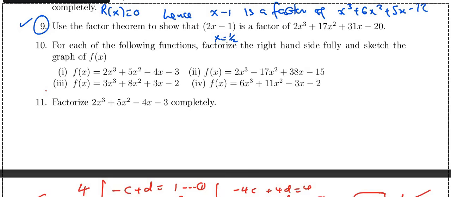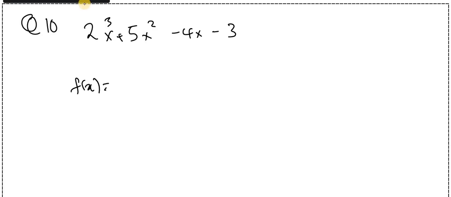I'll solve the first one, which is 2x cubed plus 5x squared minus 4x minus 3. They want us to sketch this.